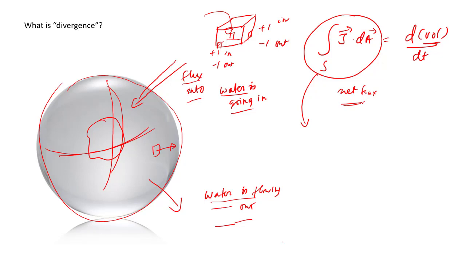So if I want to know this net flux from a surface, it need not necessarily be a sphere. You can take any surface. For example, let's take a potato. So imagine this to be a three-dimensional potato.